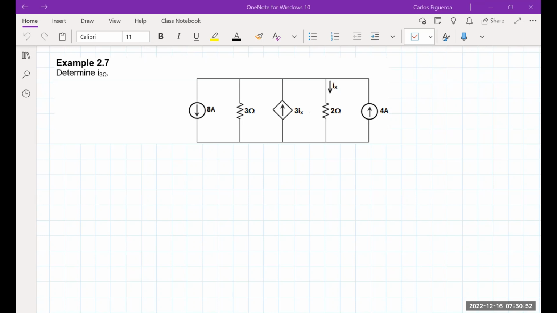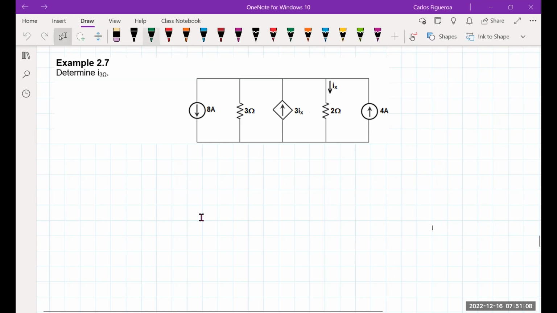Example 2.7. Determine the current through the 3 ohm resistor. Now, because this is a dependent source circuit, I'm going to go through the same process that we've been going through. So let's outline that out. Step 1.